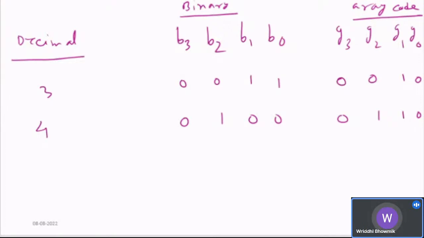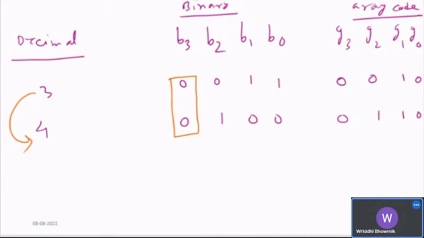So when we want to switch from 3 to 4, you see, in case of binary, in B3 position, there is no switching. In B3 position, for 3, we have 0, and for 4, we have also 0, so we don't need any switching.